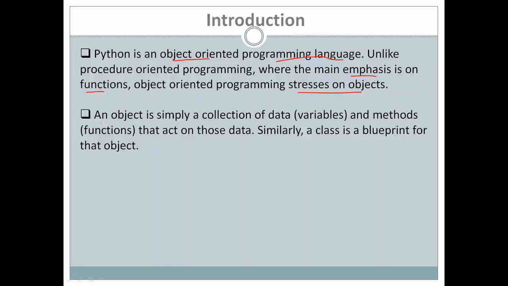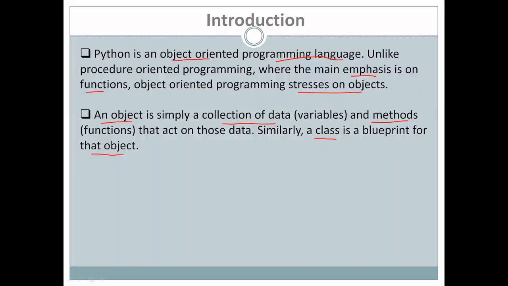An object is simply a collection of data and methods. So what does an object contain? It simply contains a collection of data and methods which operate on that data. Similarly, a class is a blueprint for an object. So what is a class? A class is a blueprint or a type for objects.